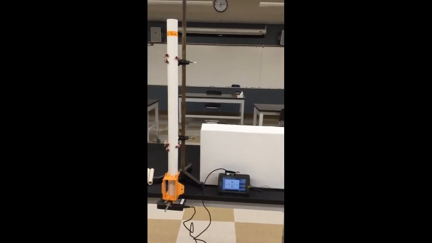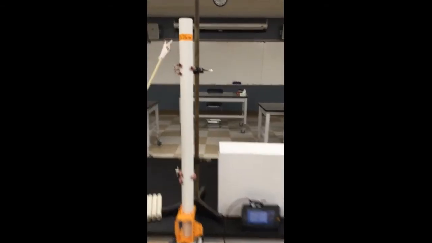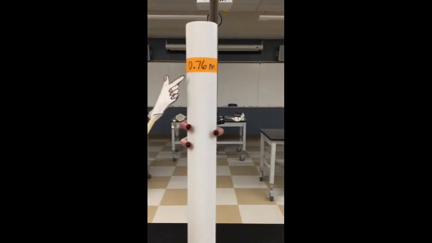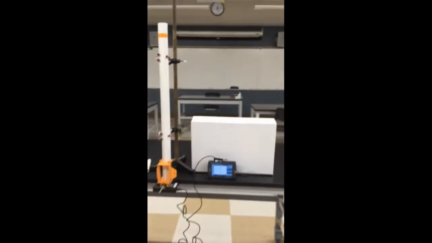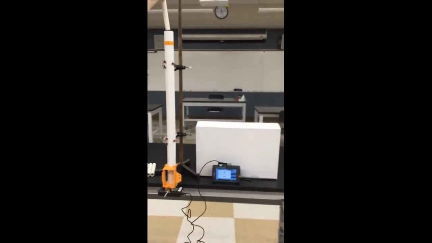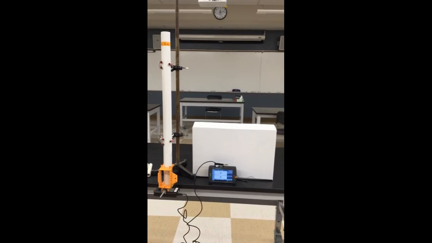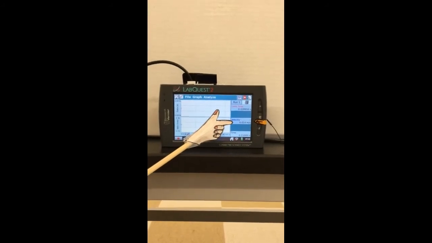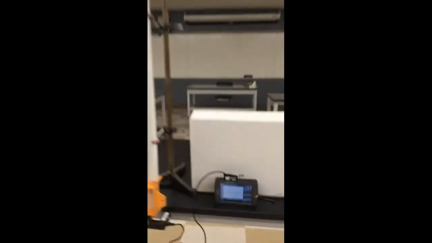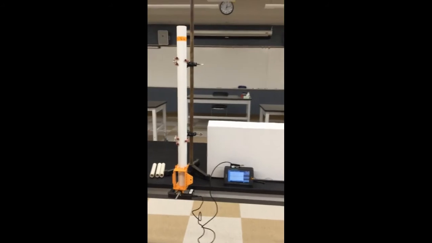This is tube number 4. The length of tube number 4 is 0.76 meters. Run 1. The velocity is 4.014. Run 2.